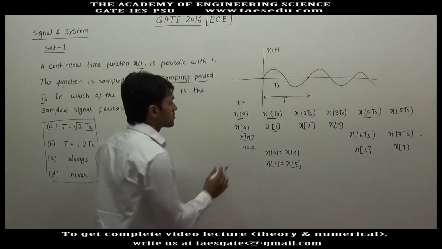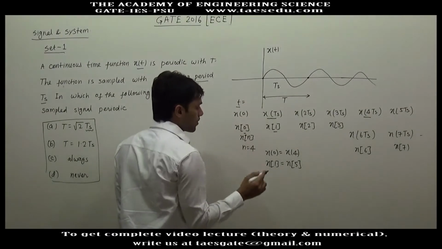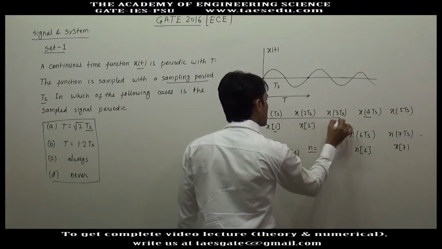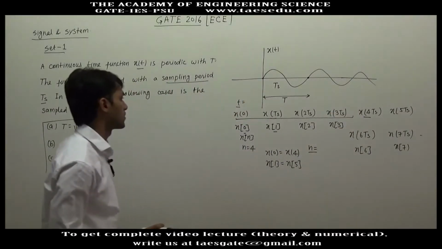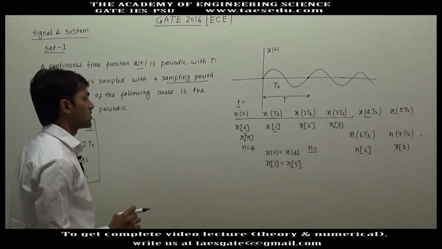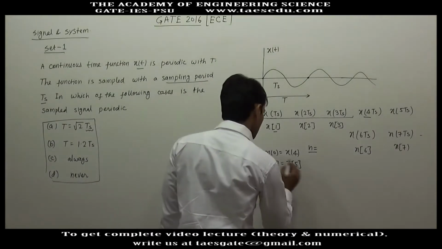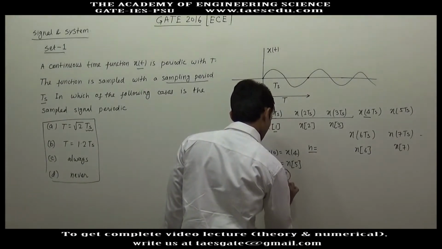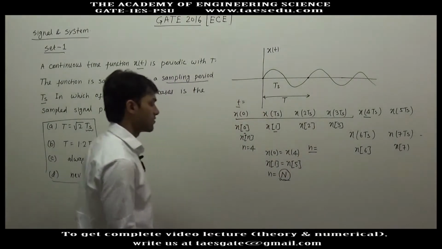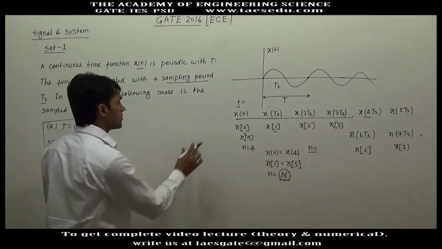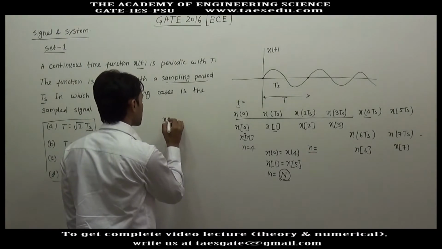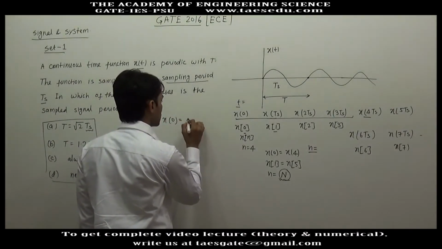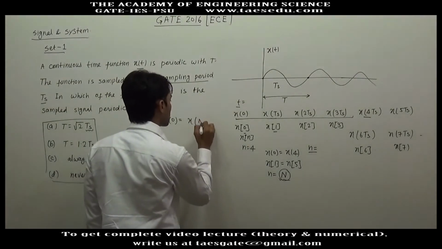So for some value of n, the sample sequence has to be repeated. Let's say these sample signals are periodic with N. After N samples, it will repeat itself. So x0 must be equal to x[N].